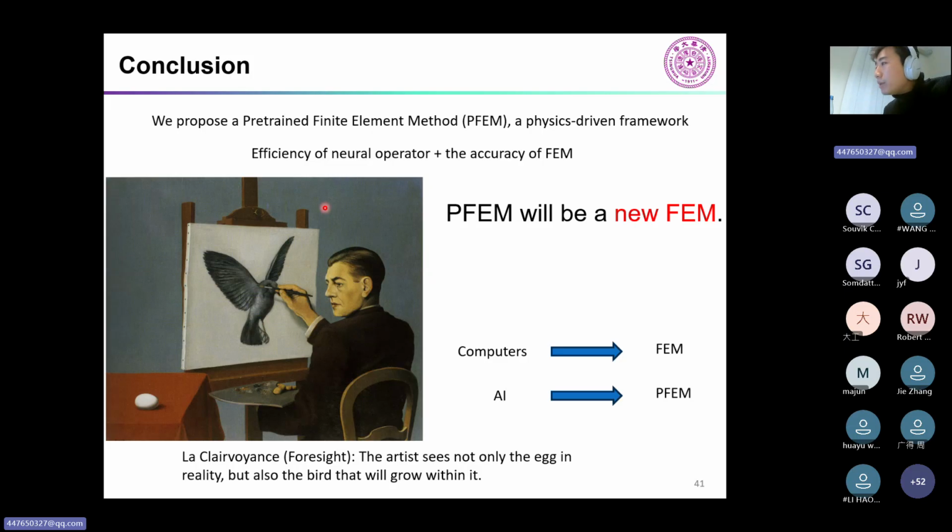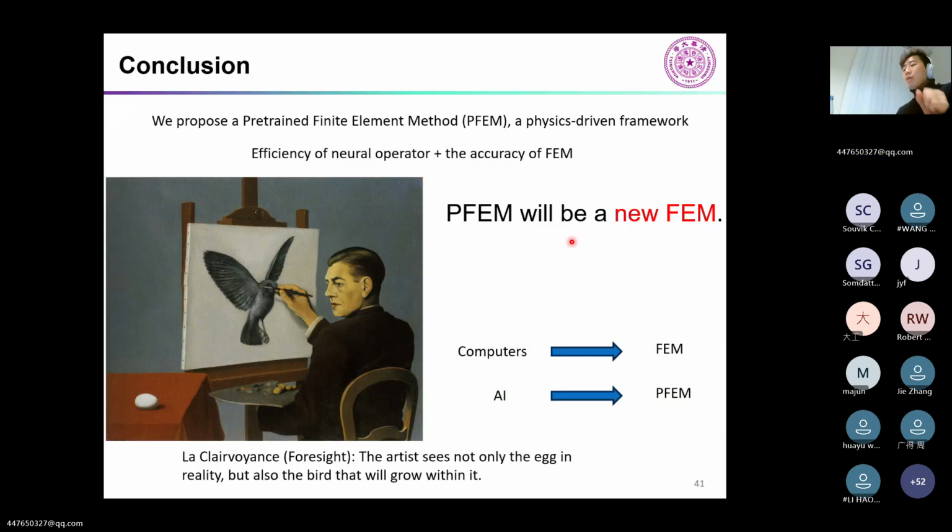So I think PFEM in the future will be a new FEM. For example, about 70 years ago, the computer brought the emergence of the FEM. Now AI is changing the world. So AI will also change computational mechanics. It's like AI will bring the PFEM.